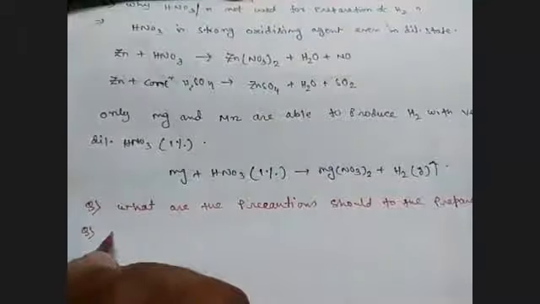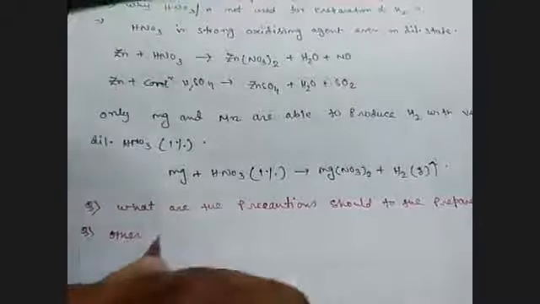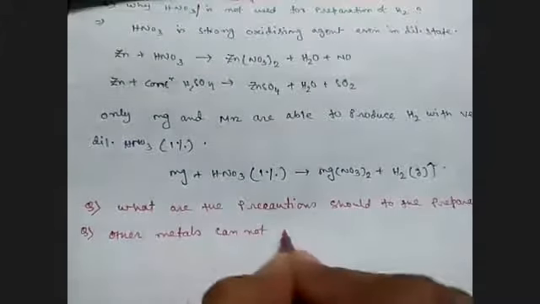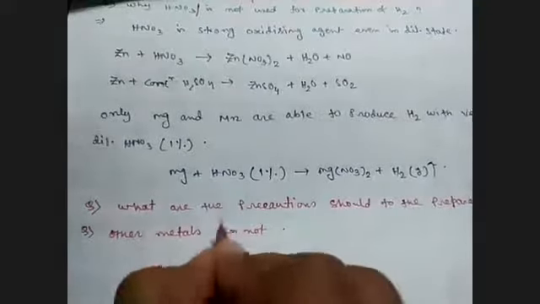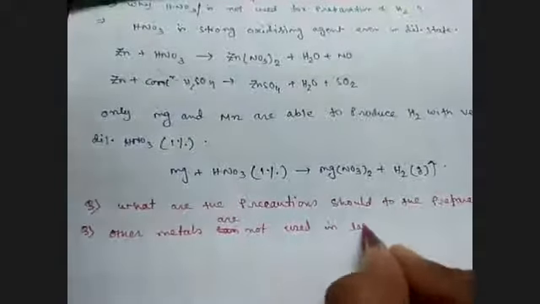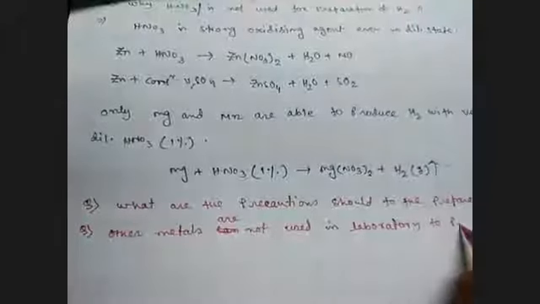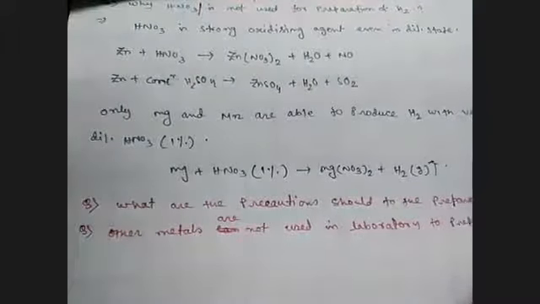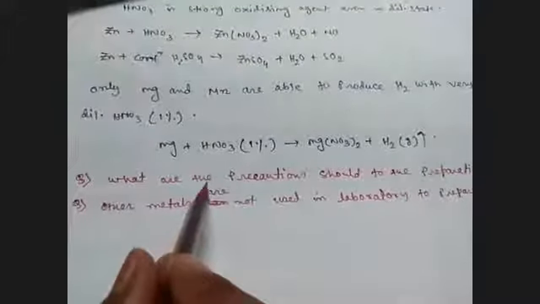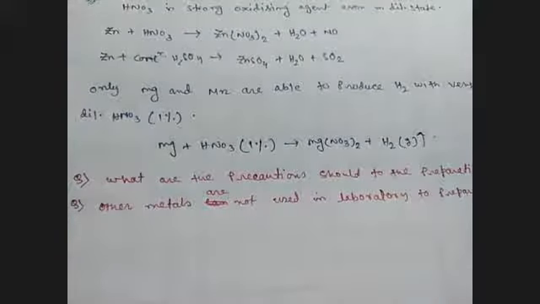And why are other metals not used in the laboratory to prepare hydrogen? Did you understand both? Can you write the answers of these questions?